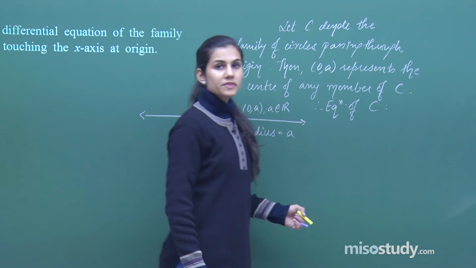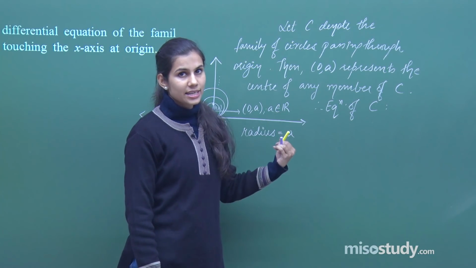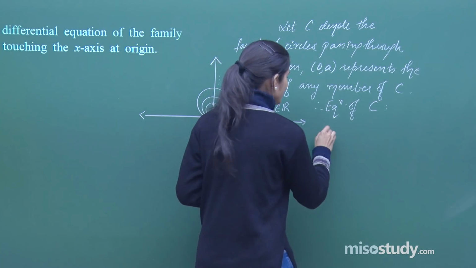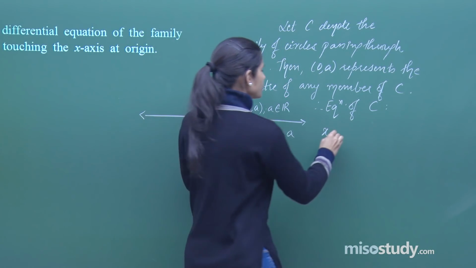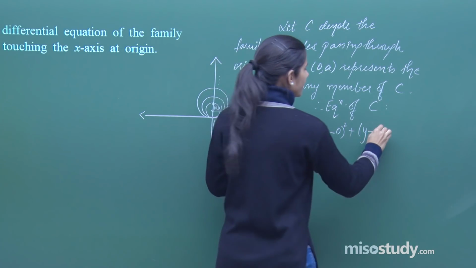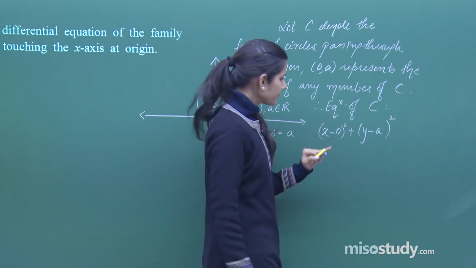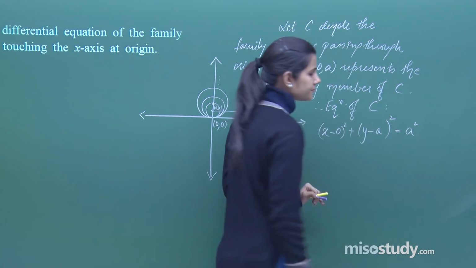Equation of this family of circles with center (0, a), radius a, because they are touching the x-axis at origin, is given by what? What is the general equation of a circle? x minus 0 whole square plus y minus a whole square equals radius square.